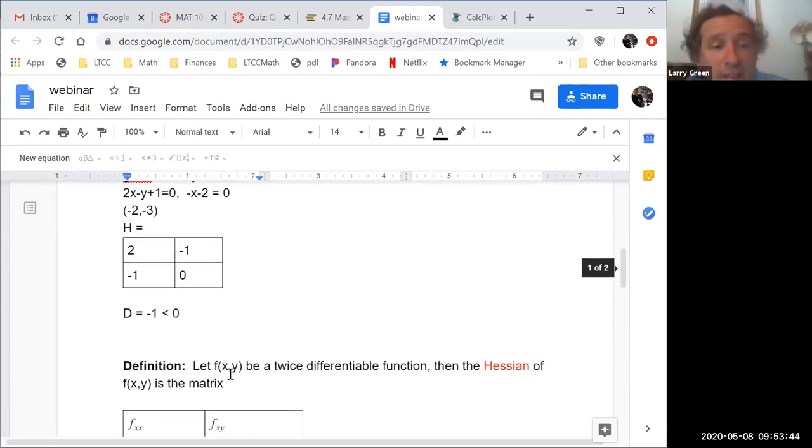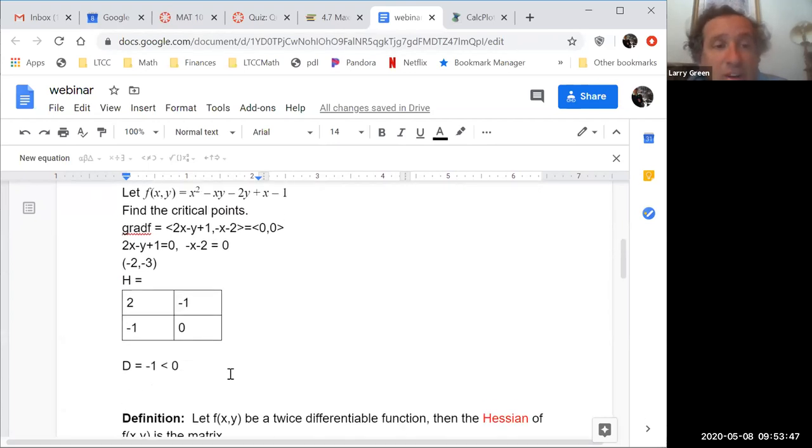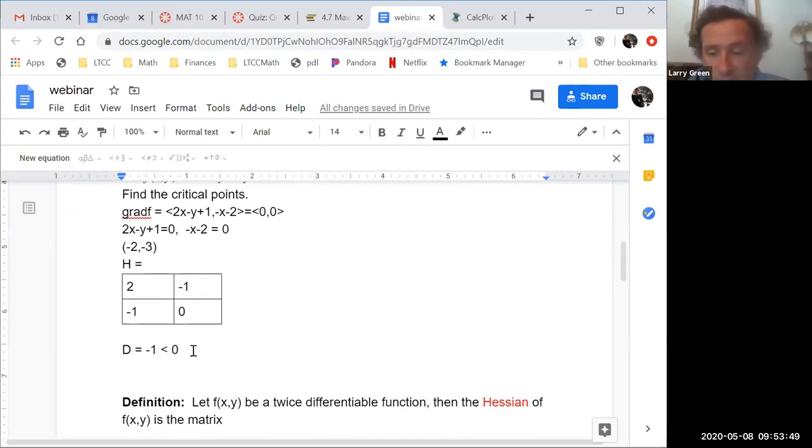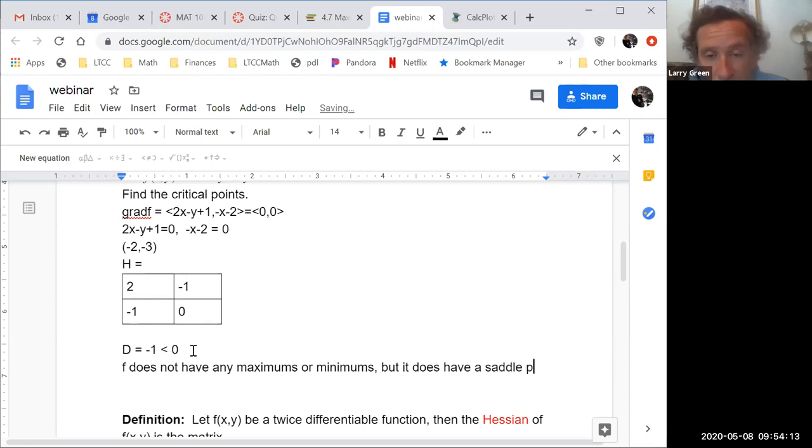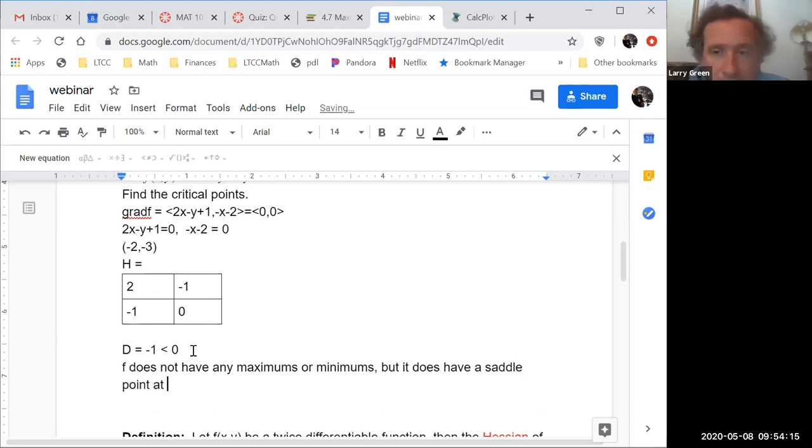So that tells you that this function f does not have any maximum or minimums. But it does have a saddle point at -3.